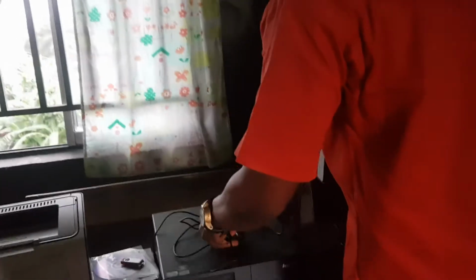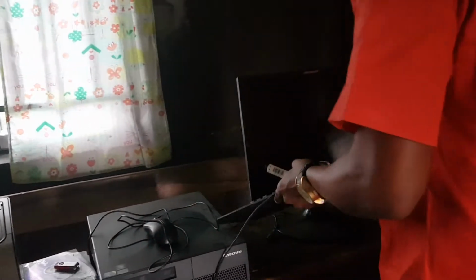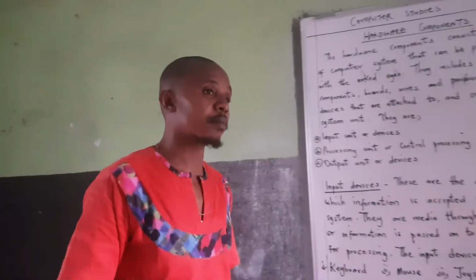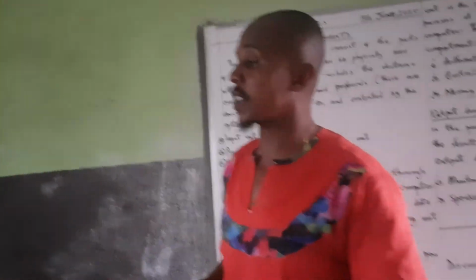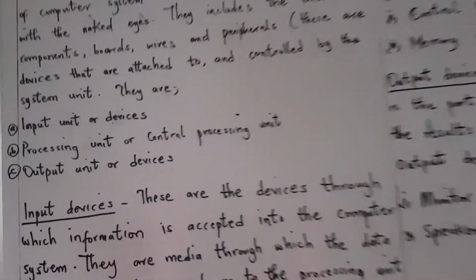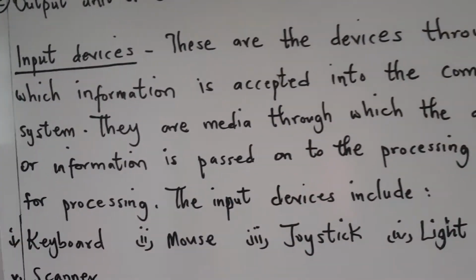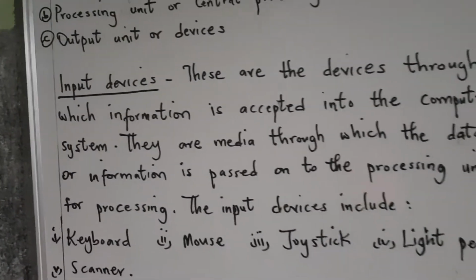The keyboard helps you input information to the computer system. We also have your scanner, your joystick, your light pen. All these are known as what? Input devices. And when this information is being input into the system, the computer processes it.